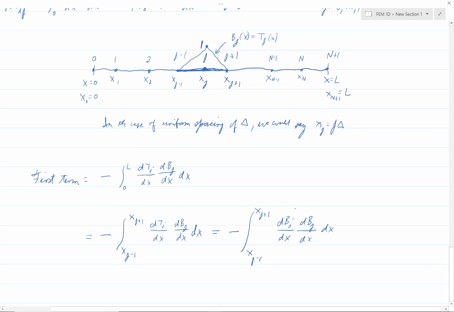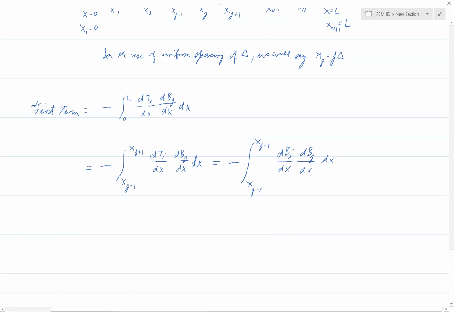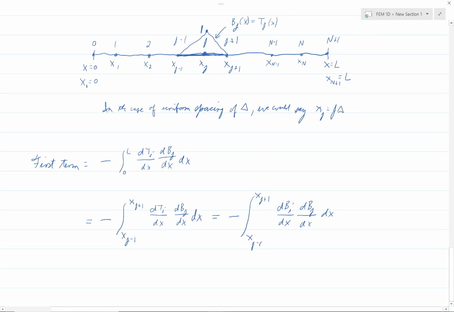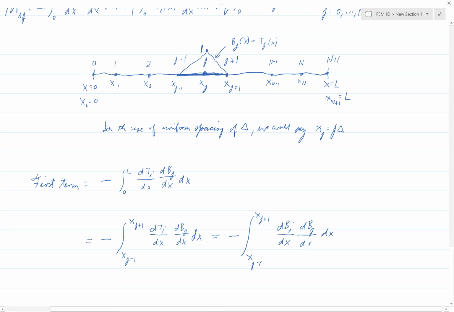So unless those two regions overlap with each other, this first term is going to be 0. And in which cases will the regions overlap?